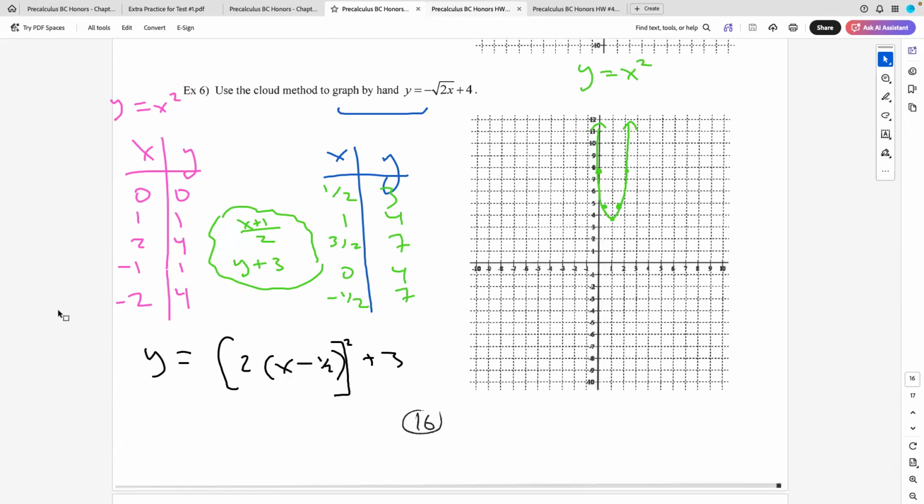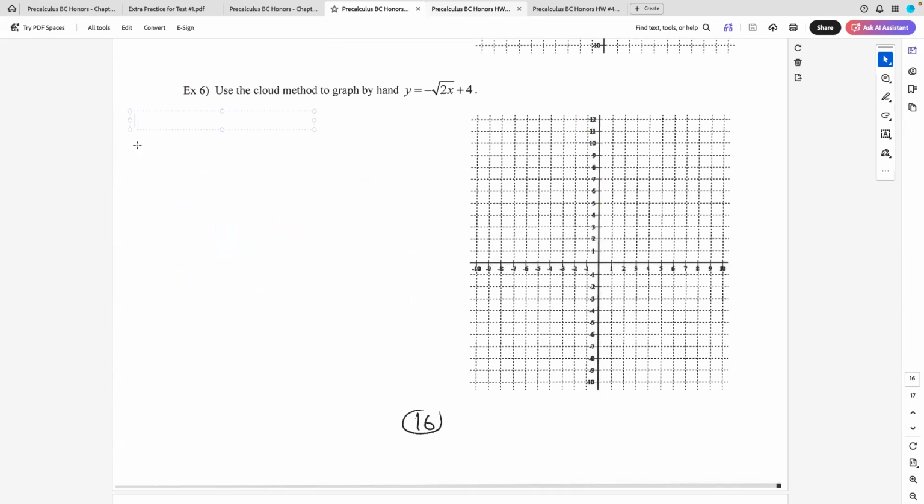Okay, example 6. My parent is y equals root x. So we'll do 0, 0, 1, 1. Oh, what the heck? We'll do 9, 3.